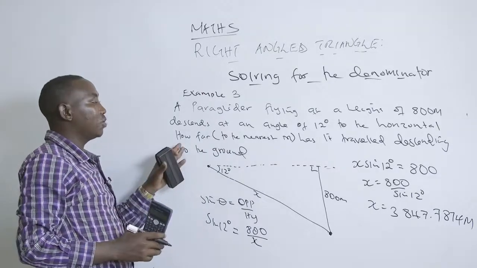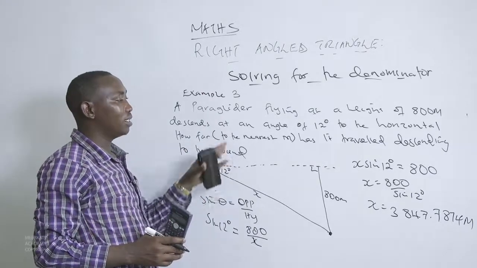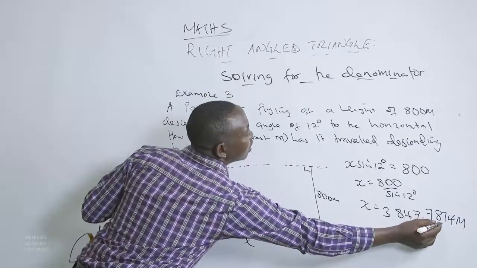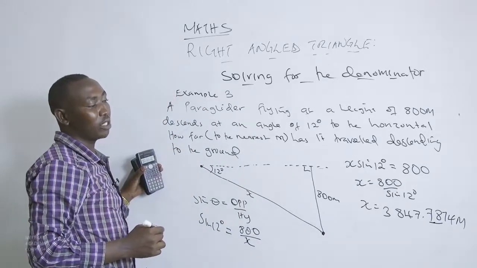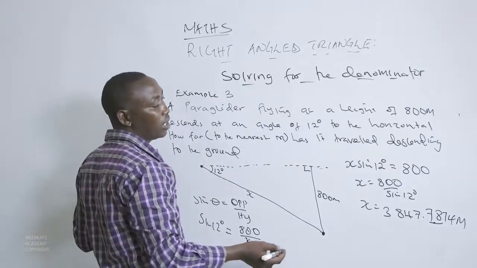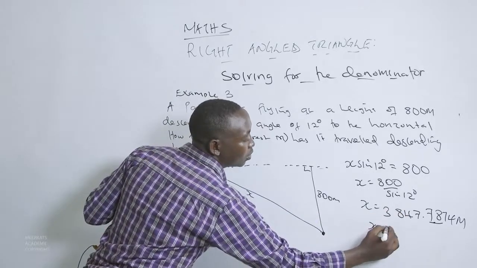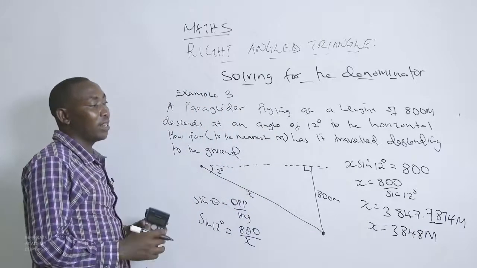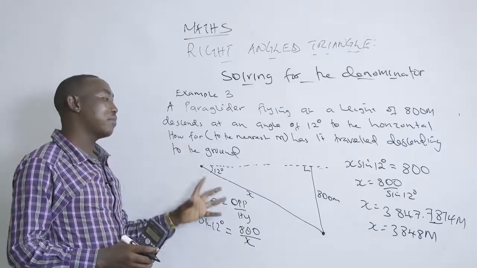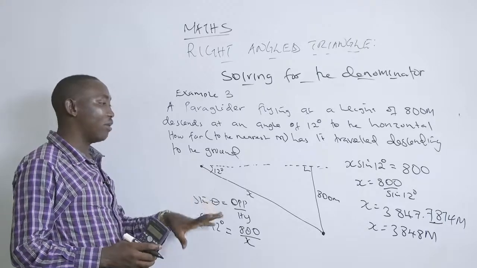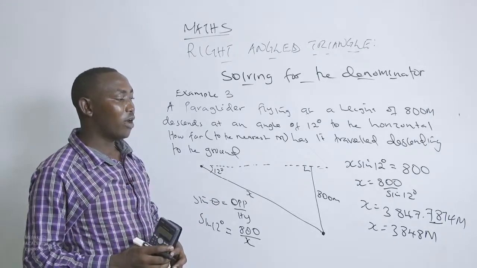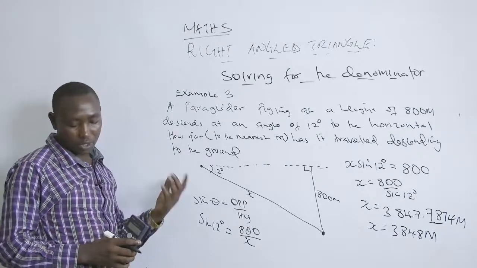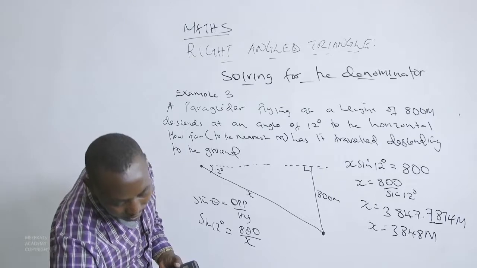The question requires us to write that distance to the nearest meter, and because 0.74 is above 0.5, we can round this figure off to 3,848 meters, and therefore we can say that the paraglider has descended for 3,848 meters.